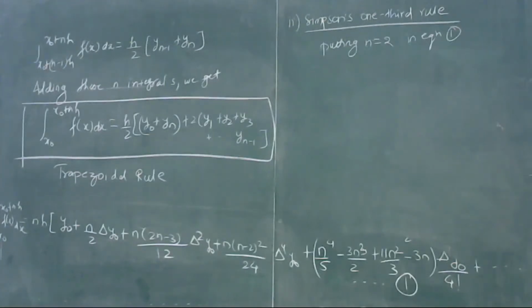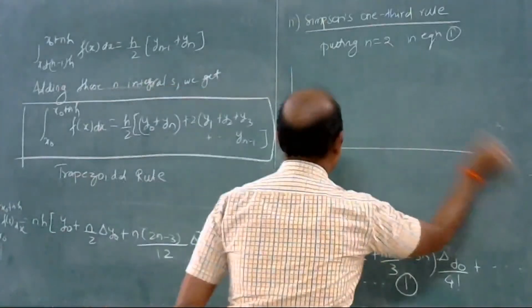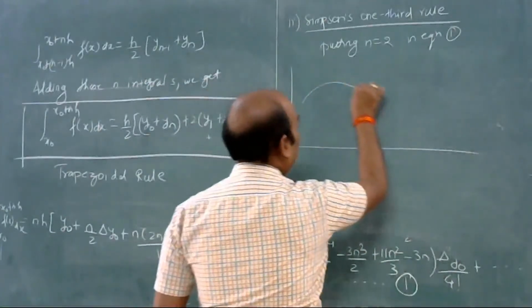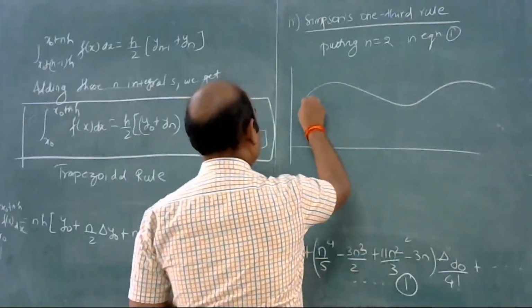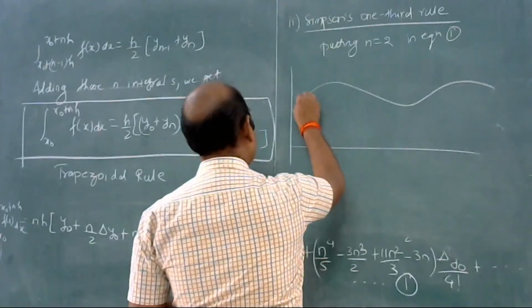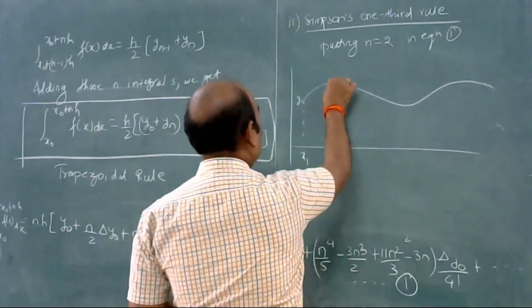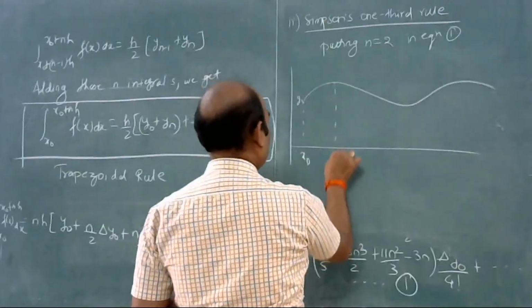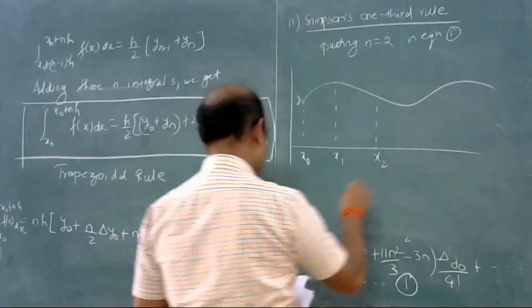And taking the curve, so now the curve will be through x0, x1 and x2.